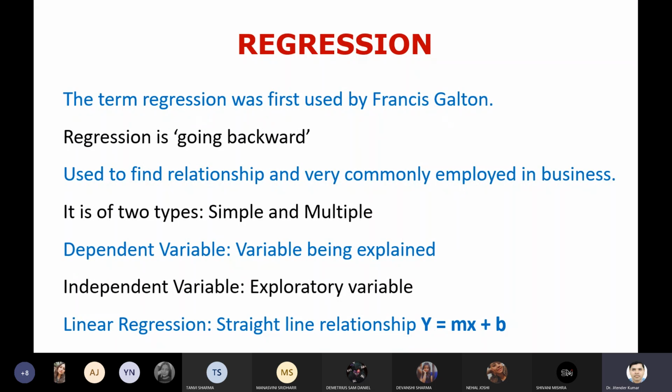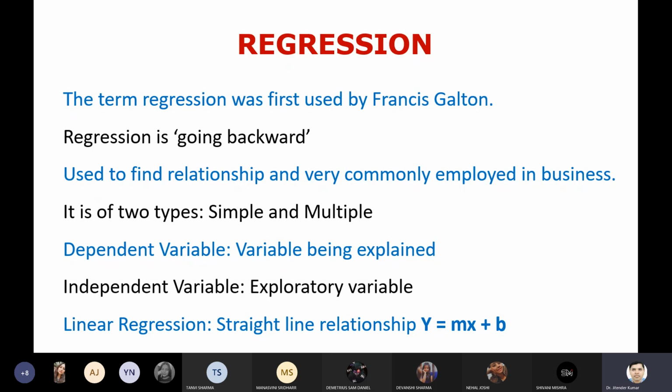We know that weight is not only dependent on your height. There are certain other factors that also play a role, such as your family history, your physical activity, your diet, and many other factors. If you try to include more than one independent variable, always remember, it doesn't matter whether you are working with 2 variables or 20 variables, the dependent variable is always one.